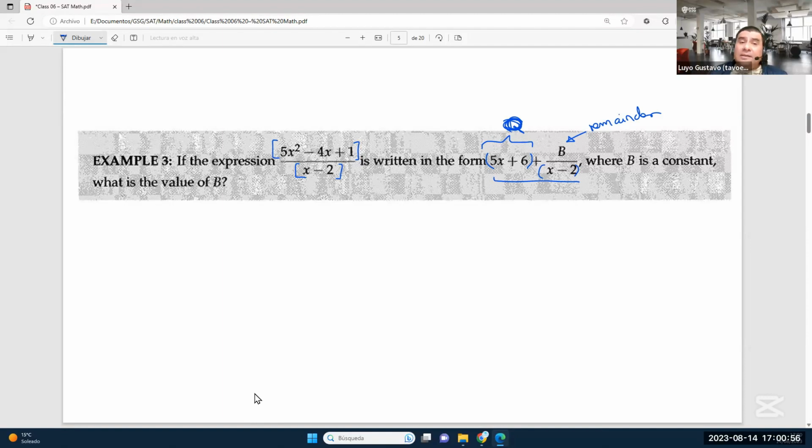How can I find the remainder? Obviously, one long way to do it is to do the division itself, the same way we've done the previous ones. But can I actually find the value of b without having to do the division? Yes, we can. How is that possible? If we apply the remainder theorem. What does the remainder theorem say?